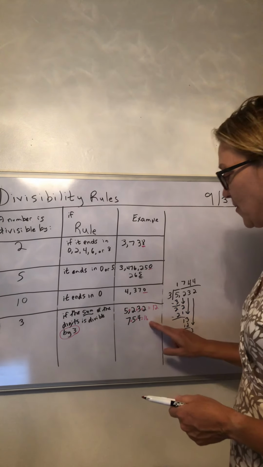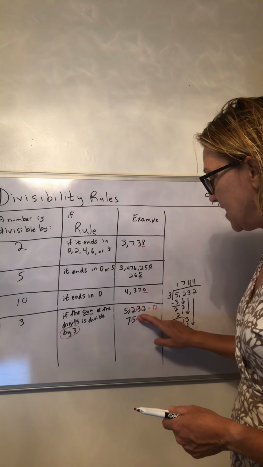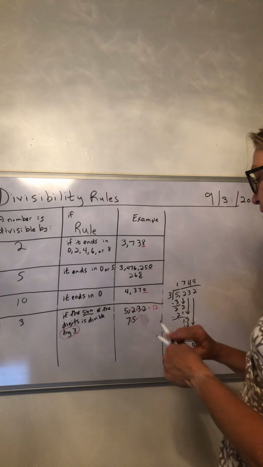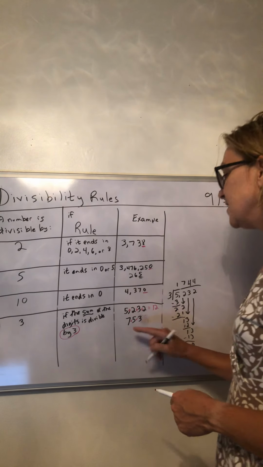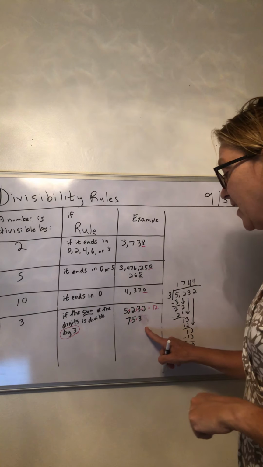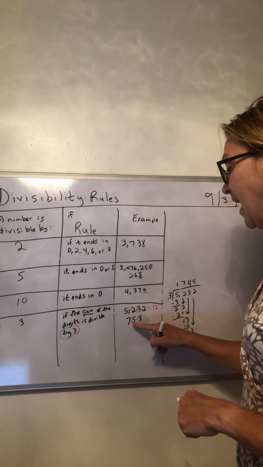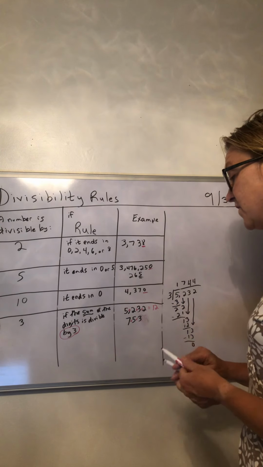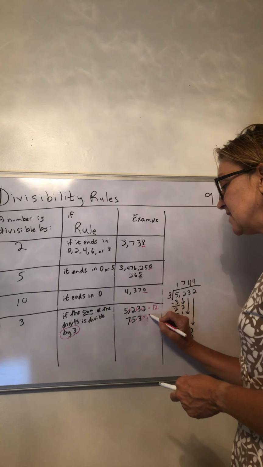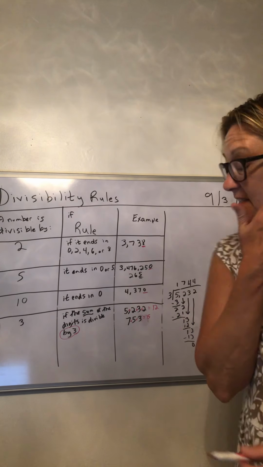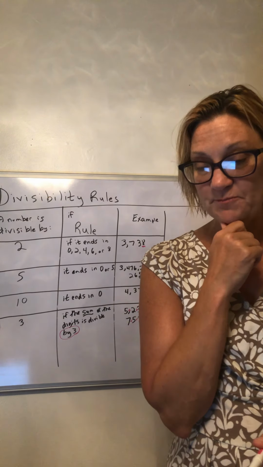Whoops, that's not going to work either. See these mistakes. 12, 13, 14, 15. I'm going to put a 3 there. So 3 goes into 753, and I had to do some thinking. Because when I add these digits, 7 plus 5 plus 3, I get 15. And since 3 will divide 15 evenly, 3 will divide 753 evenly.